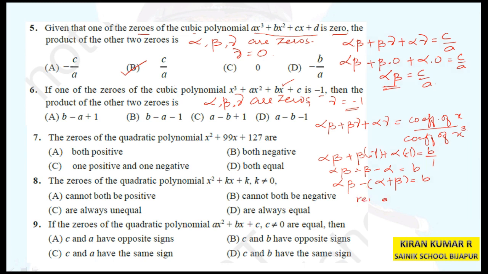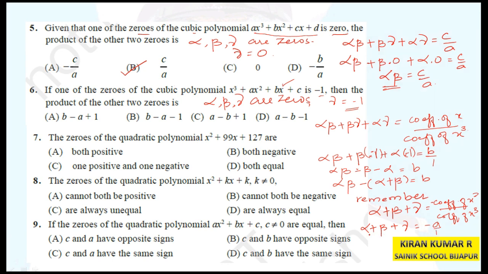Remember, we had this alpha plus beta plus gamma. The sum of zeros is minus of coefficient of x square by coefficient of x cube. So alpha plus beta plus gamma is, what is the coefficient of x square, minus a, we have to take, by coefficient of x cube, which is 1.